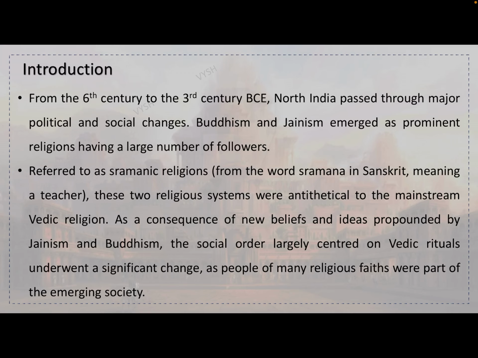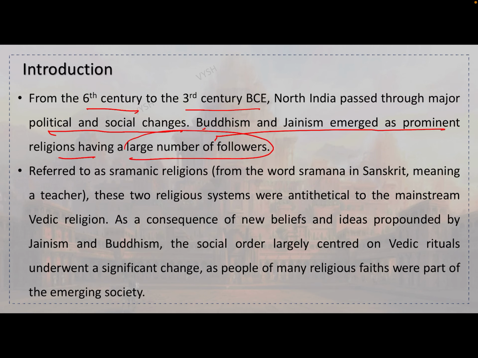But during the 6th century to 3rd century BC, North India passed through major political and social changes. Buddhism and Jainism emerged as prominent religions having a large number of followers. We have read about Buddhism and Jainism in the last class. They are referred to as Shramanic religions, Shramana in Sanskrit meaning a teacher.